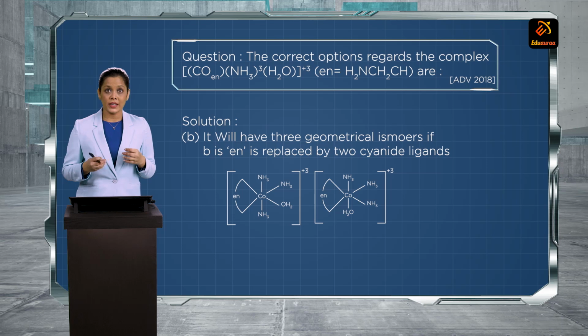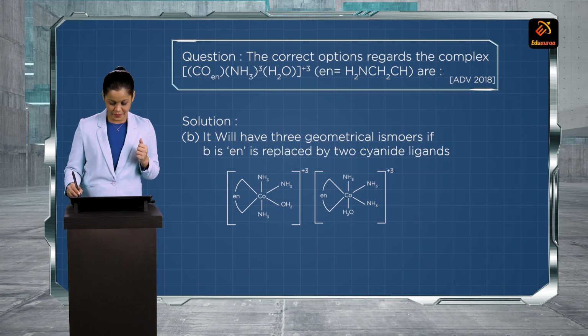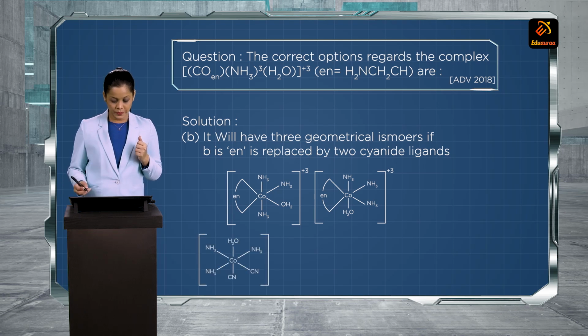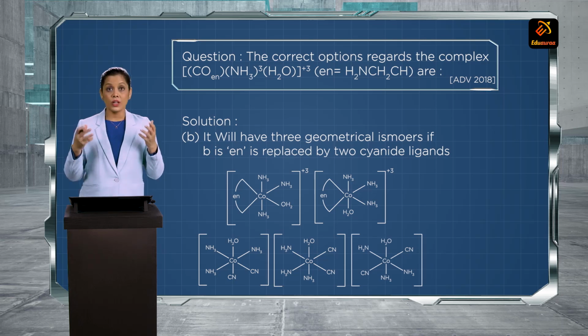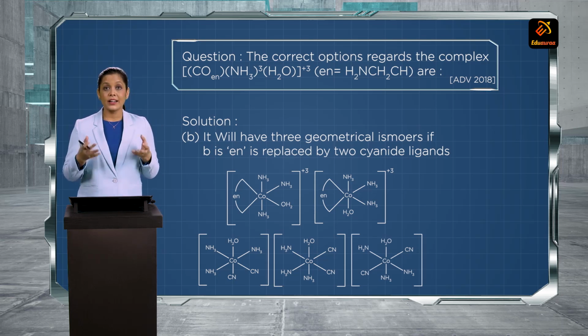So let's replace the bidentate En with the cyanide and let's work out the structures. Structure 1, structure 2 and structure 3. So thus we can see that it has 3 geometrical isomers.